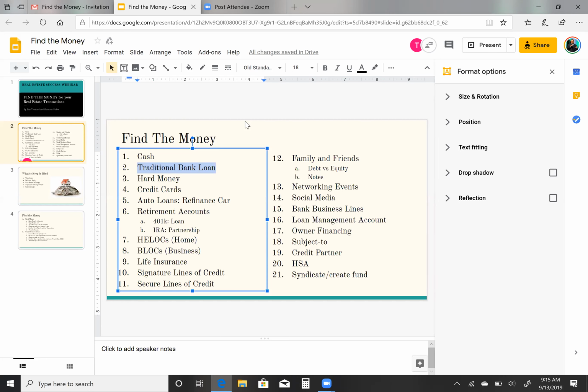In fact, there are certain properties you can get access to, even on the MLS, that are bank owned and things of that nature, simply because you're buying it as owner occupied. You could fix it up over time, and you could turn around and end up with a large chunk of cash.